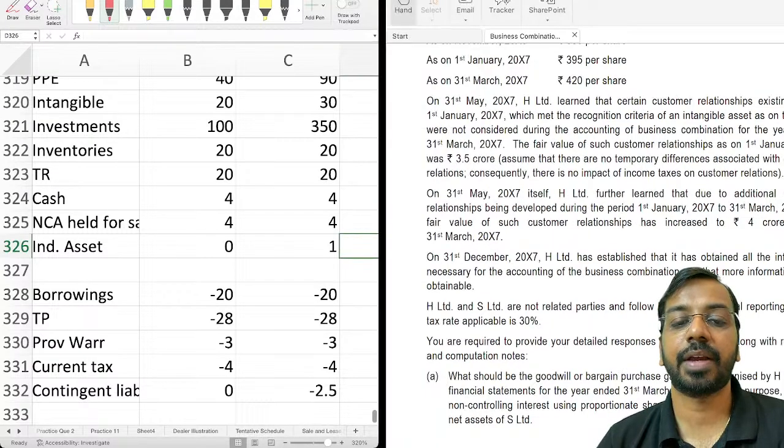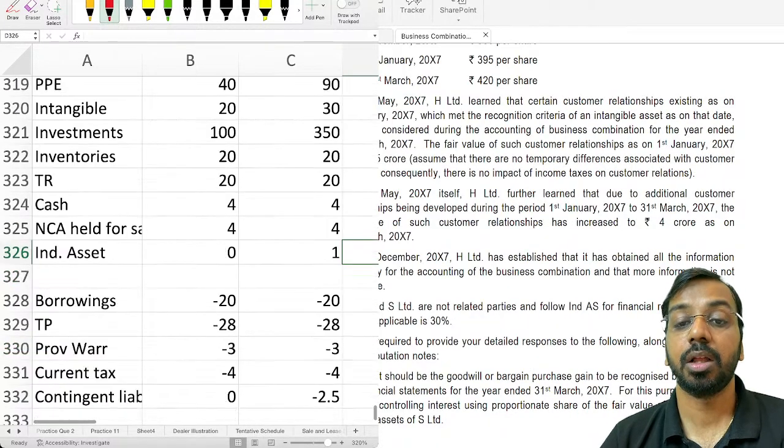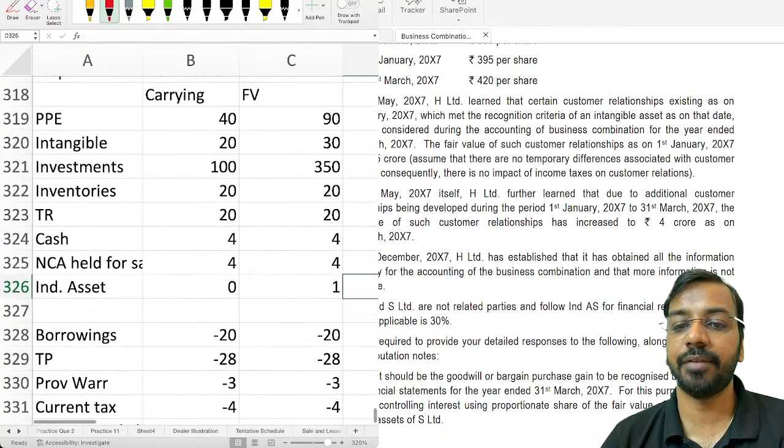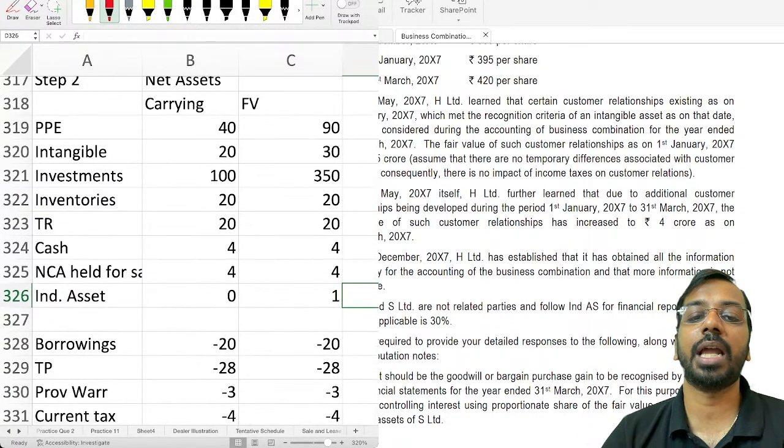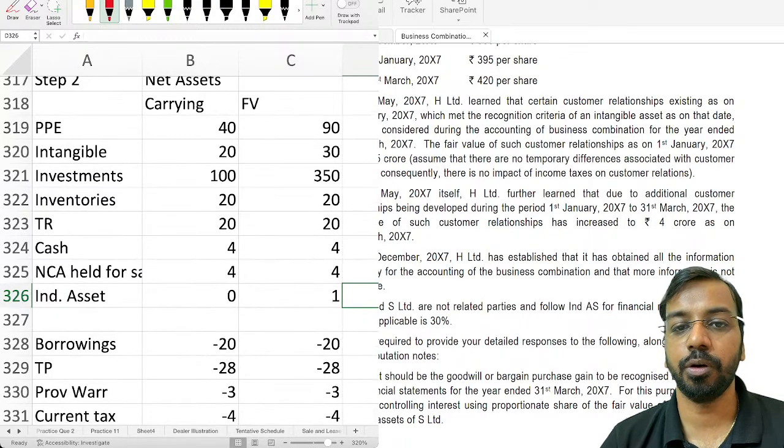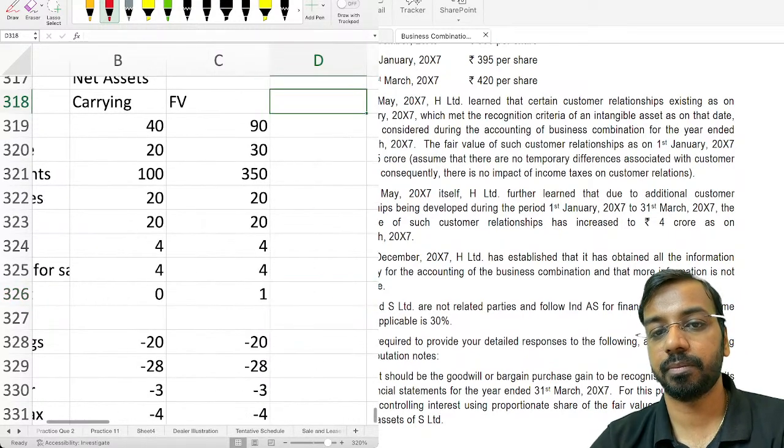Now we have calculated the net asset, but because there is a deferred tax implication, we need to calculate the deferred tax impact also. So differences.